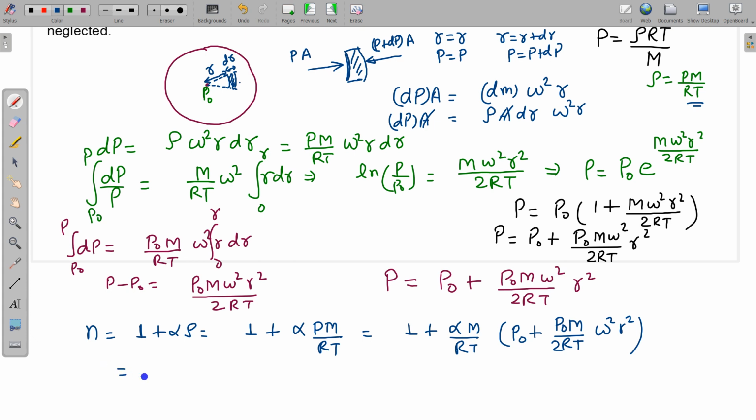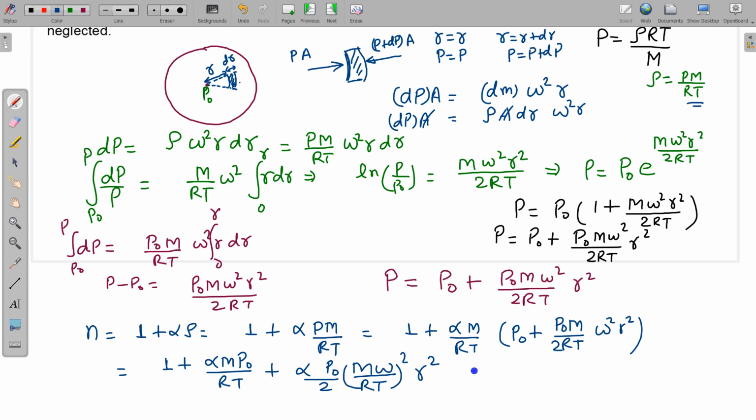So what we are getting, this is 1 plus alpha m P naught divided by RT plus, and m by RT, it will be squared, so it is alpha P naught by 2, it is m, omega is also squared, so let us take it with this m omega by RT square multiplied by r square. So finally we are getting n as a function of r square.